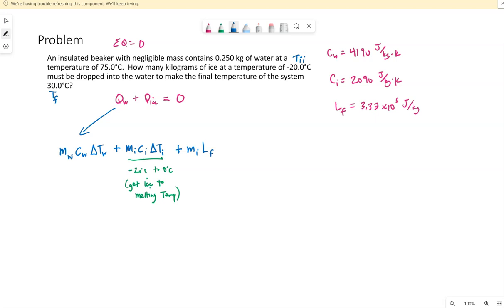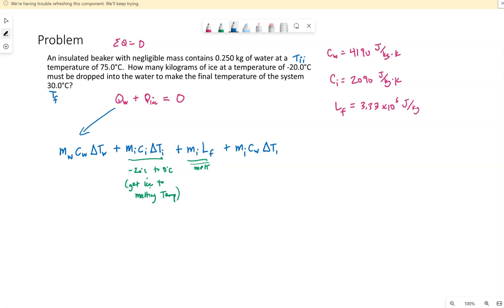So as we continue adding energy, the M times L, we're going to melt the ice. But after this much energy, we still have 0 degrees Celsius. We happen to have liquid water though. So we need to continue adding energy. Now that this is water, so liquid, we have to continue adding energy until we get to the final temperature.